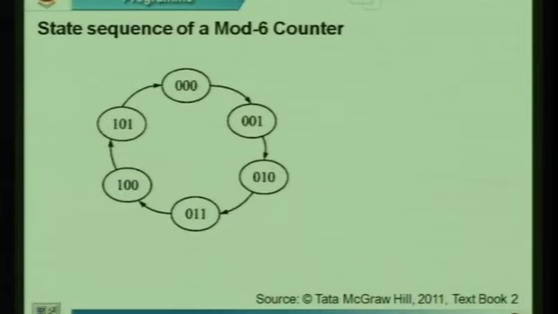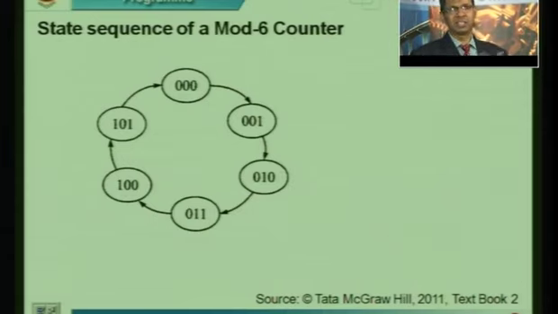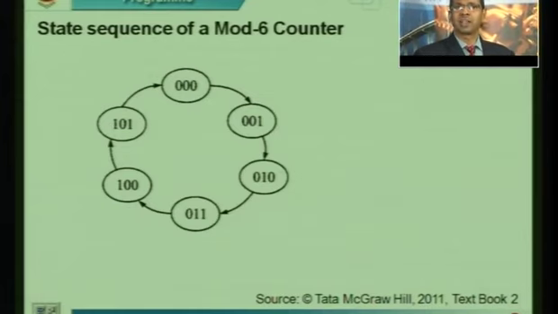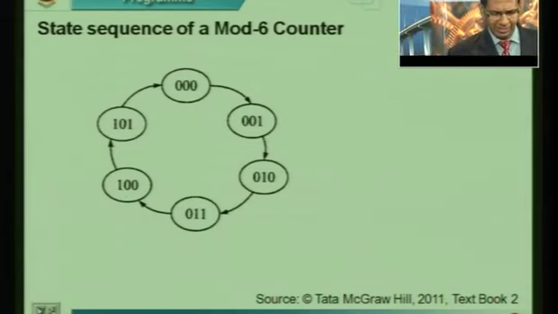It shows all the stable states this particular circuit can take and the sequence of the change of states, that is, how it changes from one state to another. Since we need to implement a binary sequence, we are going to do a binary counter starting from 0 all the way up to 5 and back to 0. So the counts are going to be like this.